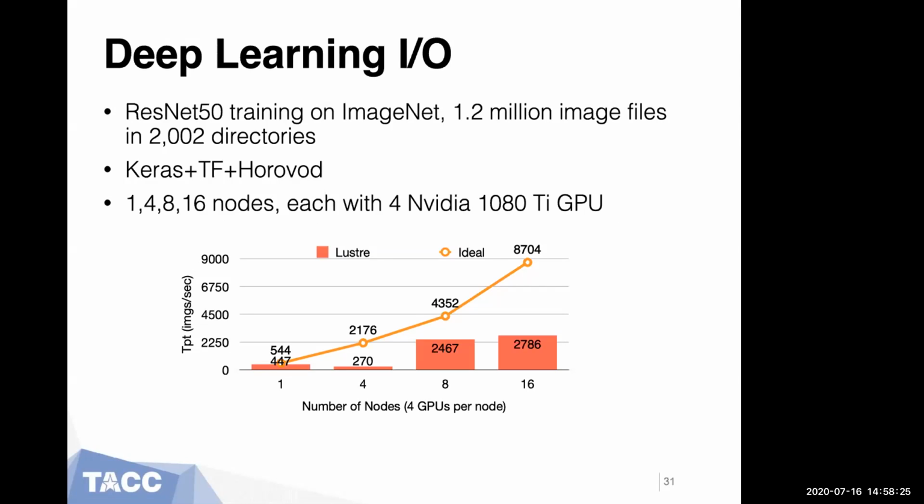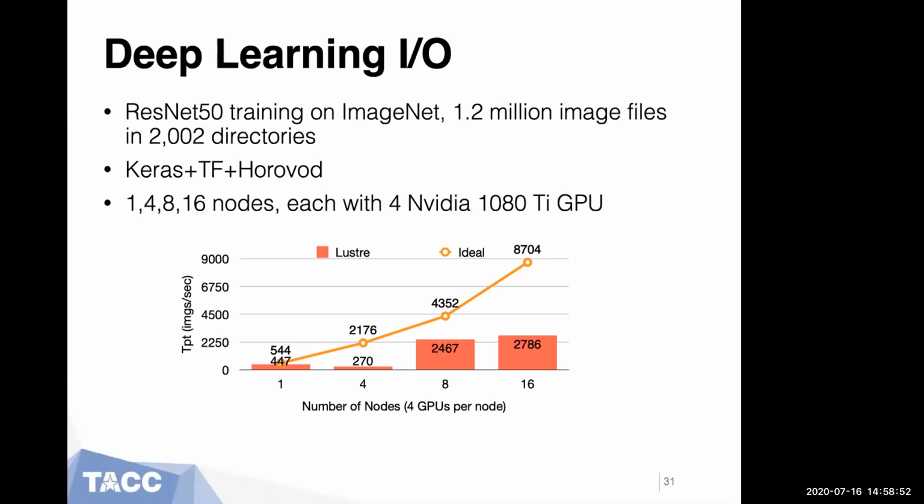ResNet-50 training on ImageNet, 1.2 million image files in 2002 directories. We were using Keras, TensorFlow and Horovod. We scaled from 1 node to 4 nodes to 8 nodes to 16 nodes. Each node has 4 NVIDIA 1080 Ti GPUs. We placed data on Lustre, and here's what we see. The throughput is images per second, the higher the better. From 1 node to 4 nodes, the performance gets worse, right?